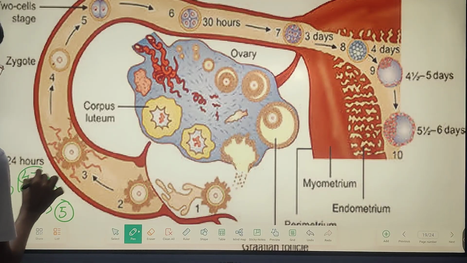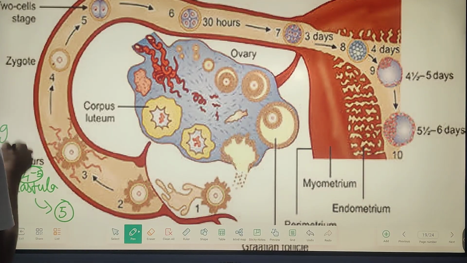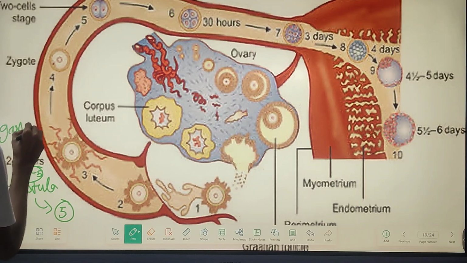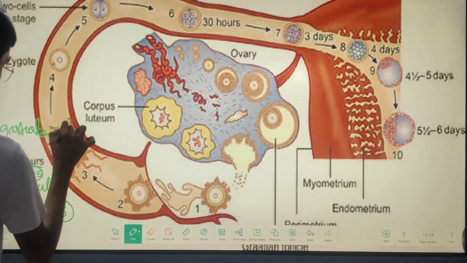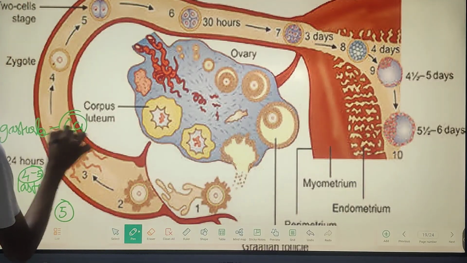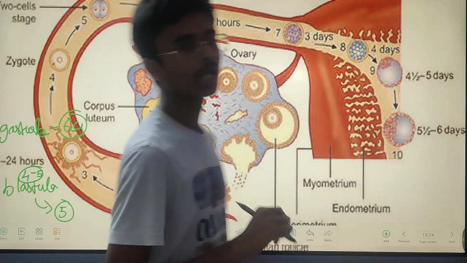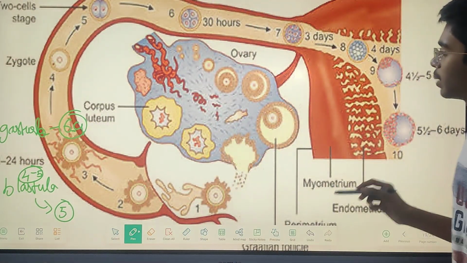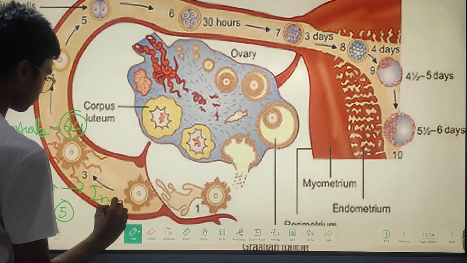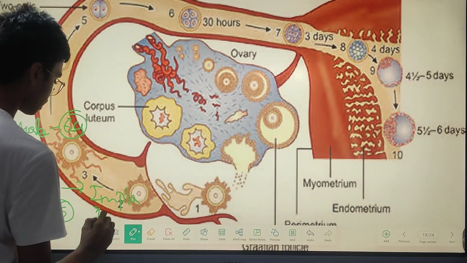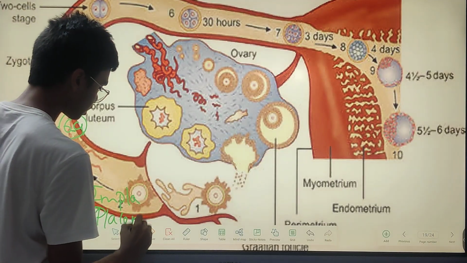Gastrula will be formed around day 6 to 9. In the blastula stage, implantation will be happening. After implantation, placentation is very important. Placentation.